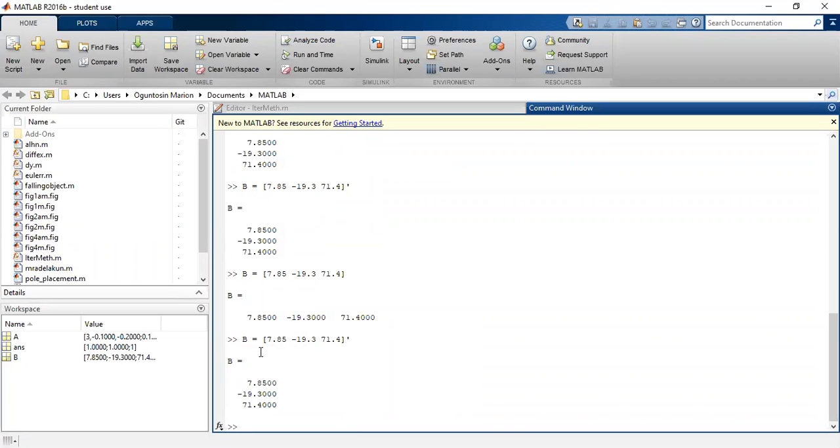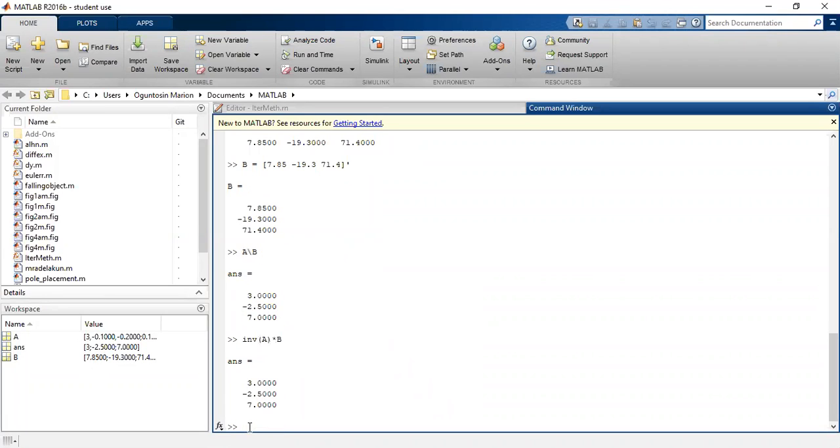Then to get X, you can just use the left division operation, which is this. So this is our x1, x2, and x3. Or you can just use the inverse of A, then multiplied by B. So we arrived at the same answer for x1, x2, and x3.